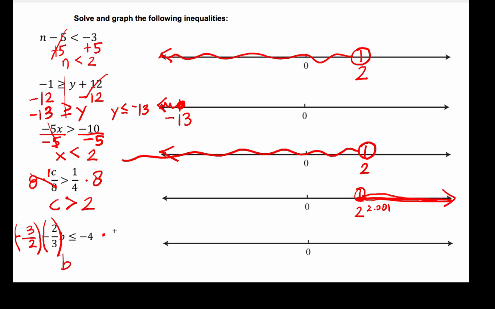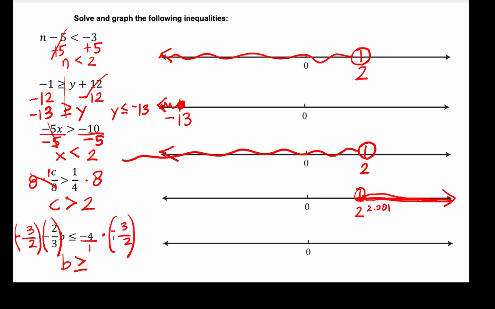We're going to multiply this side by -3/2 as well. But a red flag should go up: I'm working with inequalities, and I'm multiplying both sides by a negative number. My inequality sign needs to change or be reversed. -4 times -3/2, so we're multiplying a whole number by a fraction, so we'll put the whole number over 1.